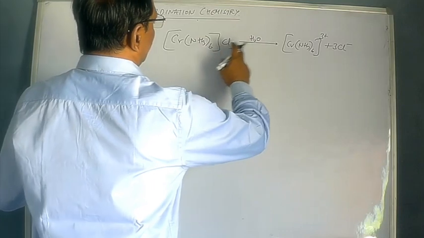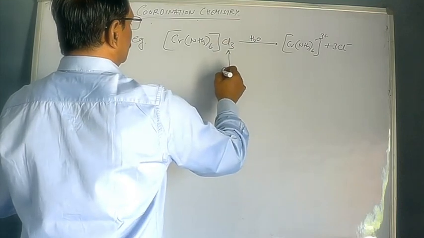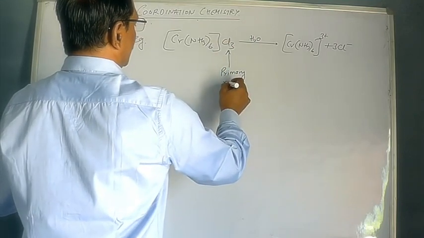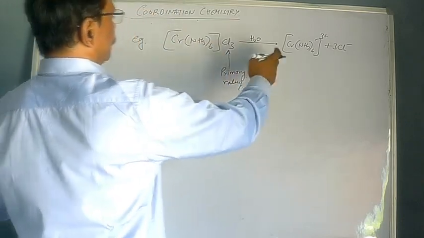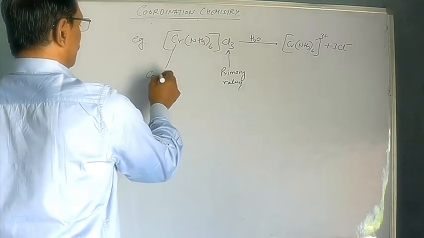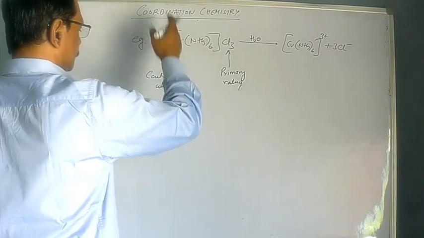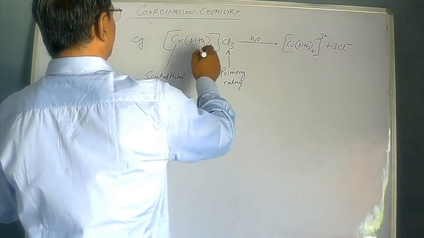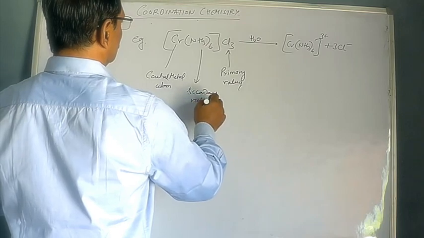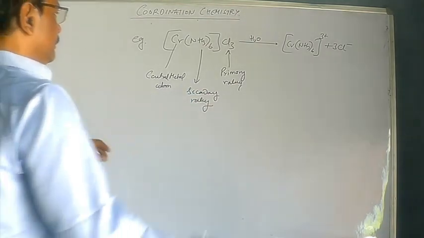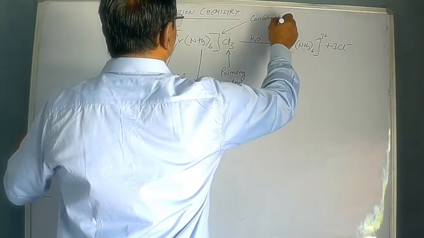Since I am breaking this in the presence of water, Cl3 is showing primary valency, because primary valency satisfies the oxidation number of the central metal atom. This is your central metal atom, which will be accepting lone pairs from ammonia. Since ammonia donates its lone pair, ammonia is satisfying secondary valency. And class, this square bracket represents the coordination sphere.